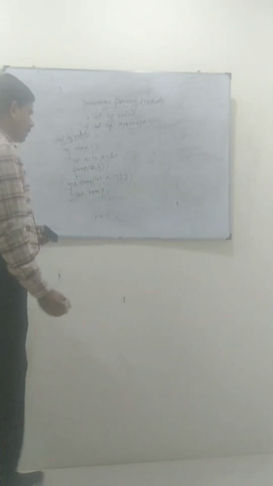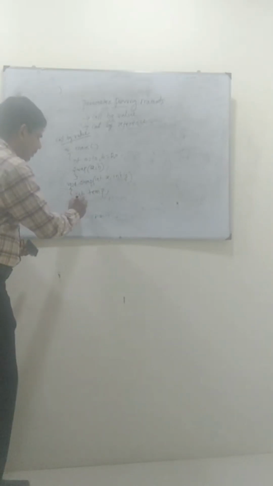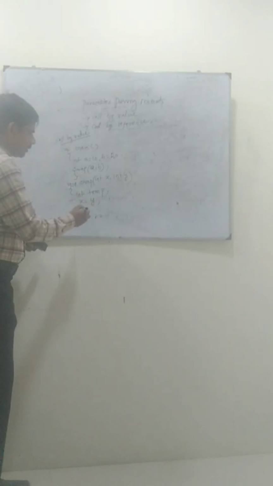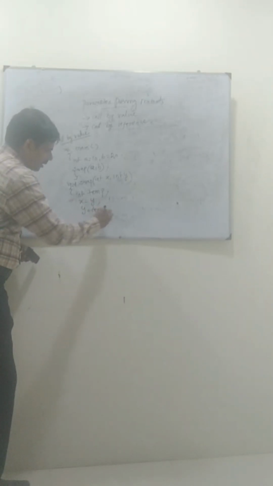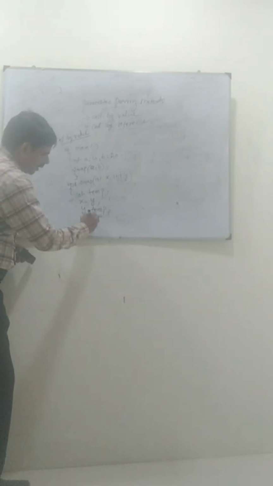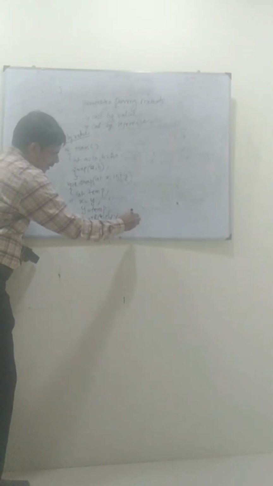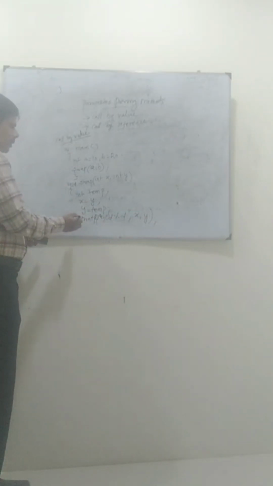Now there is a need for another variable. Now x value equals y. Next y value equals temp. Now printf of percentage d and then percentage d, then print the x value comma y value.